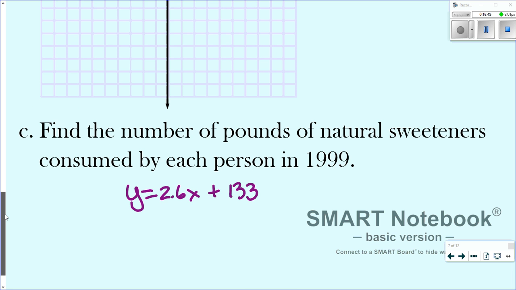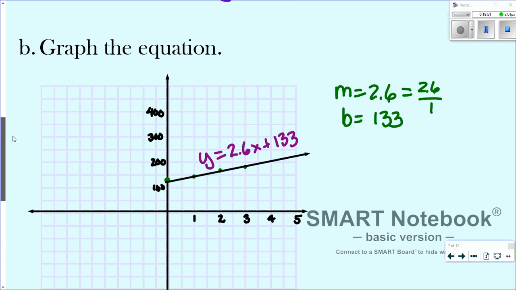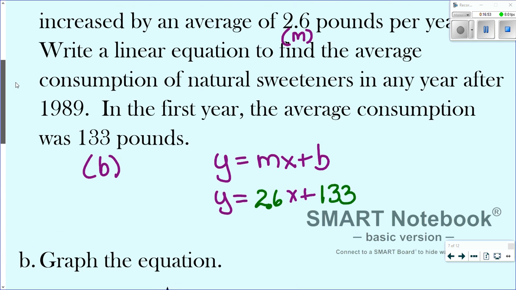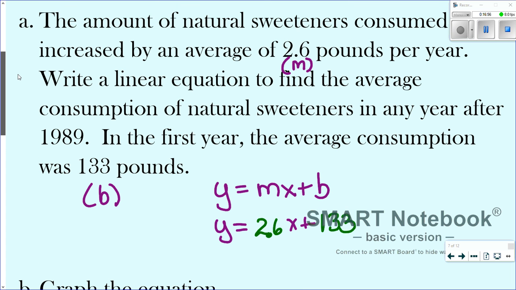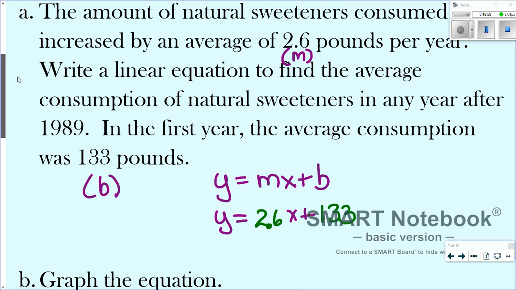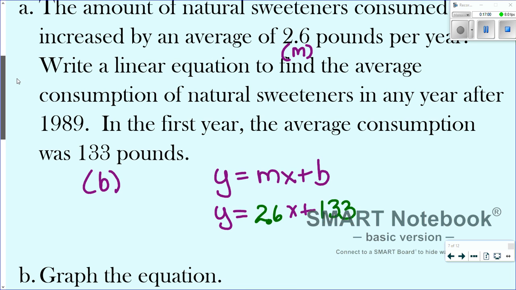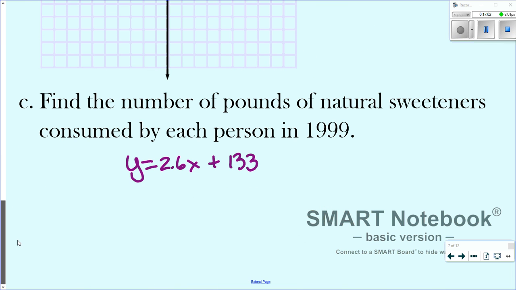The x represents the year. It says 2.6 pounds per year. From 1989 to 1999, that was a total of 10 years.